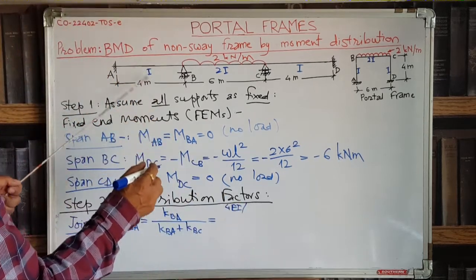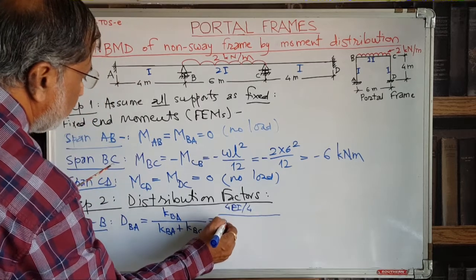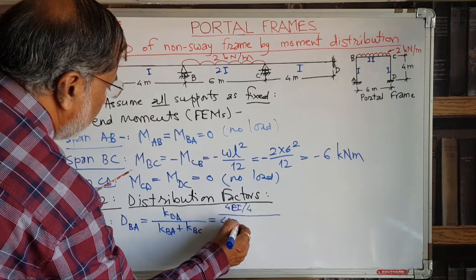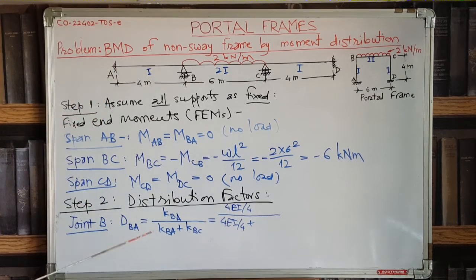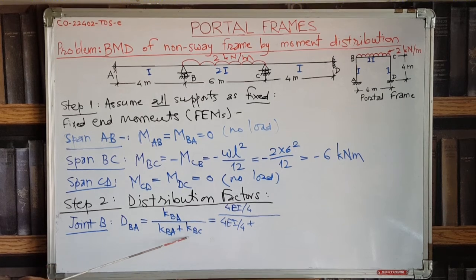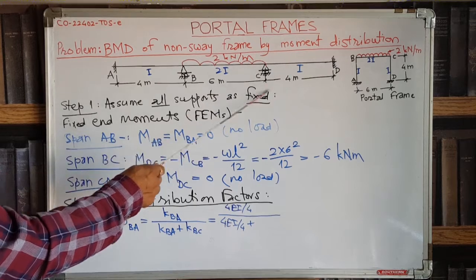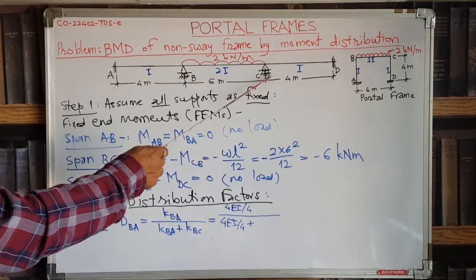L is 4 meters. Again the same factor is there, 4EI upon 4 plus KBA plus KBC. This BC is this C support. From B, the C support is a continuous support.